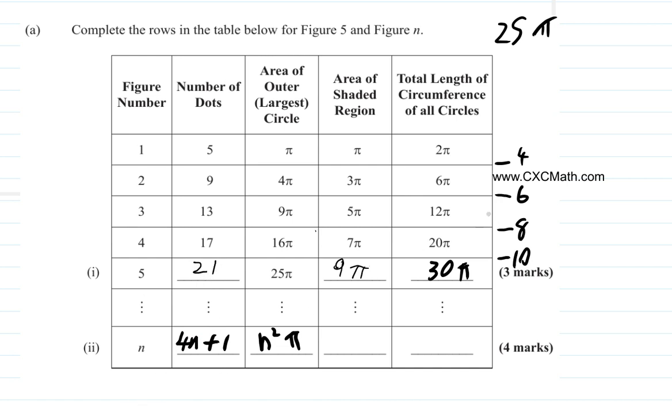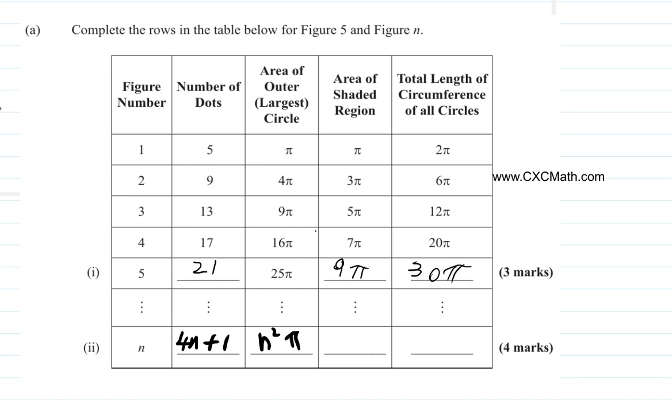Okay. And this, let's not have too many things on the board. This was 30 pi. So 30 pi. Let me write the 30 above this line here. 30 pi. Good.